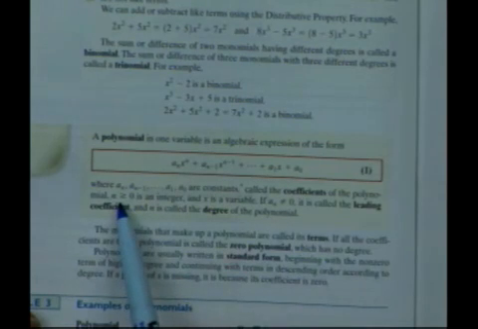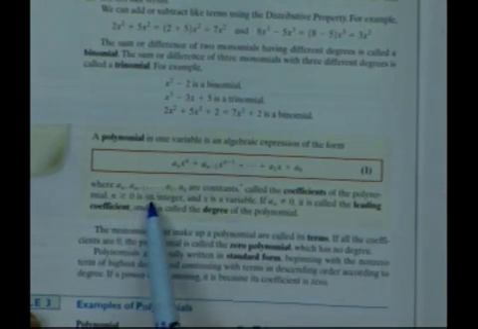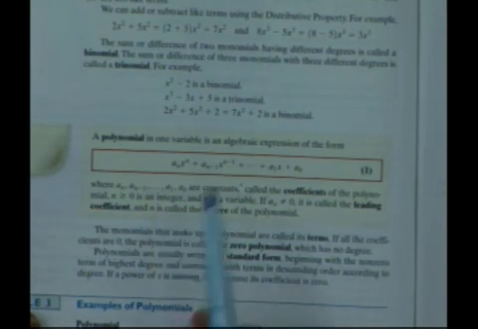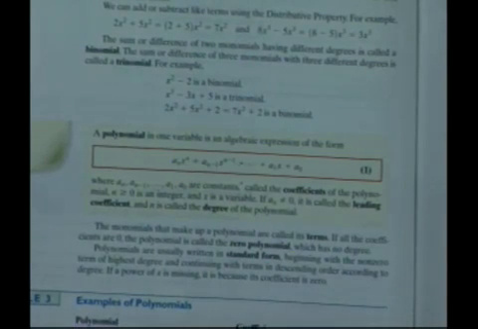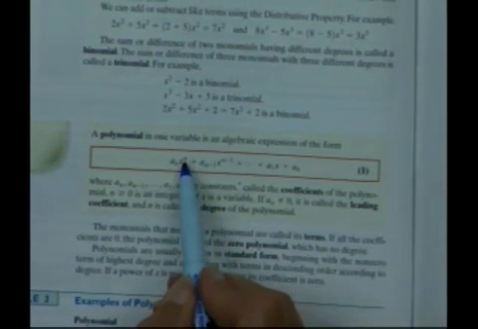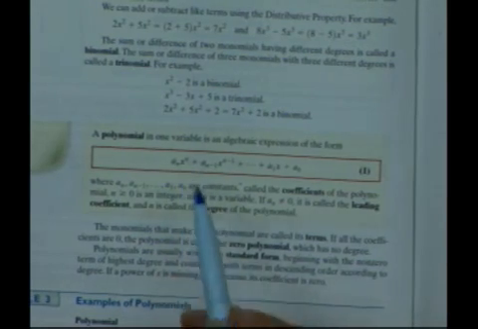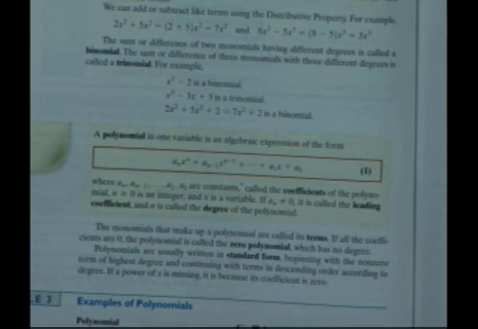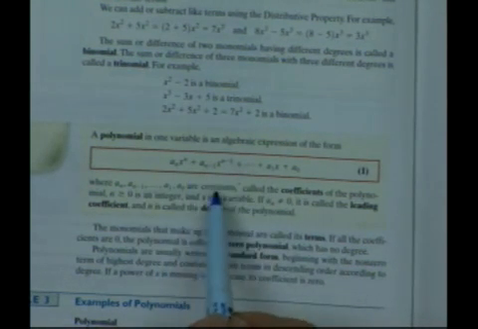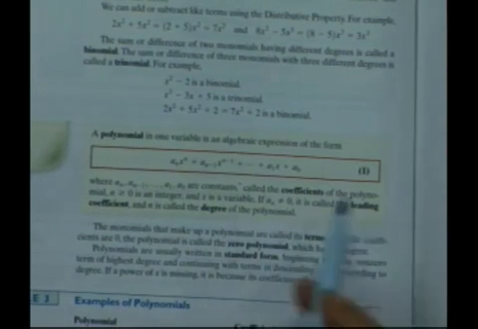And n has to be an integer greater than or equal to 0. So let's count those off: 0, 1, 2, 3, 4, 5. That means the exponents have to be numbers like 0, 1, 2, 3, 4, 5. And the a's here are constants, or real numbers.